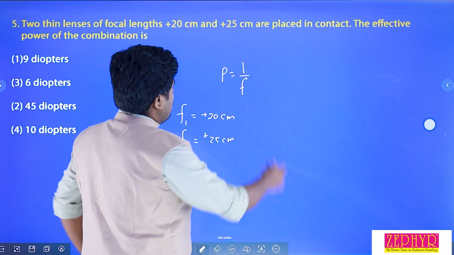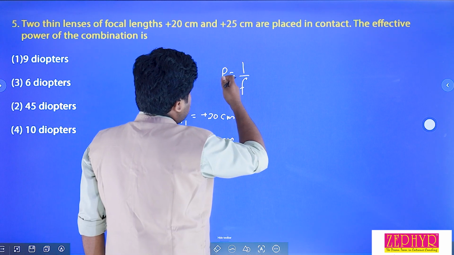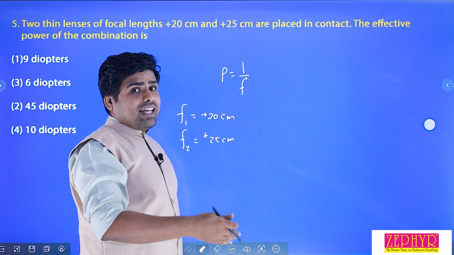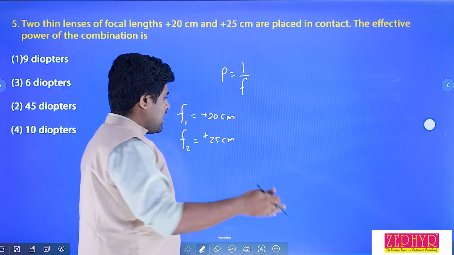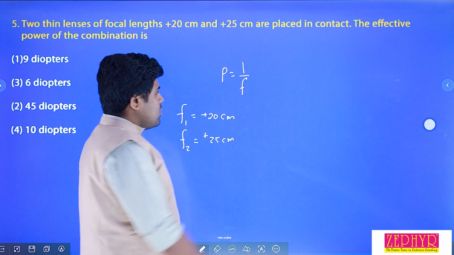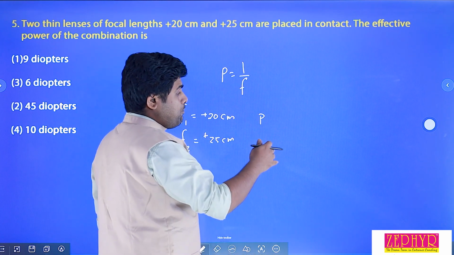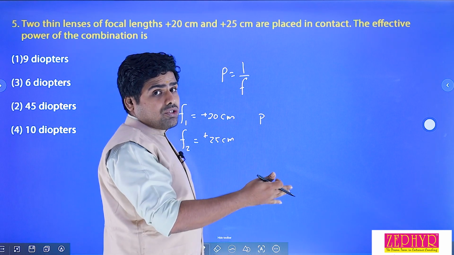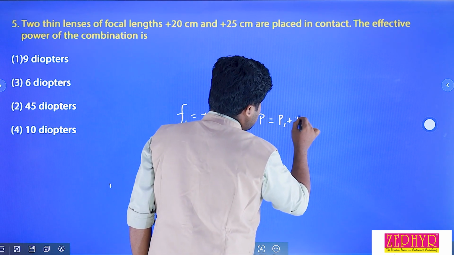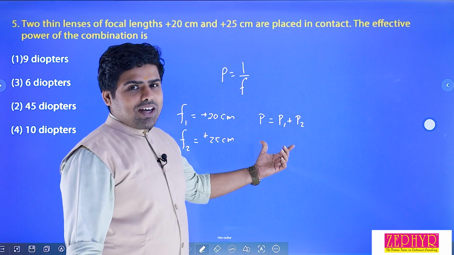To find the power, we use P is equal to 1 by focal length. Here we use the focal length in meter, but right now the focal length is in centimeter. To find the power of the combination of two lenses, P is equal to P1 plus P2.